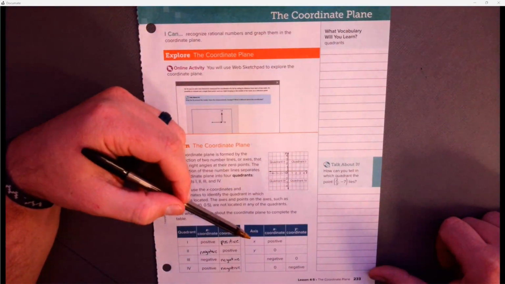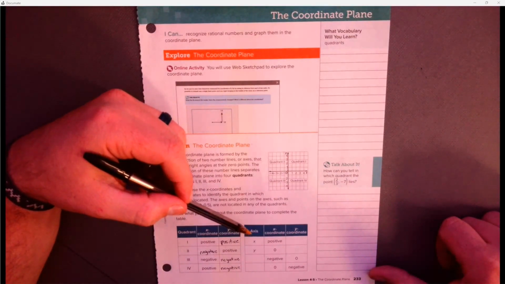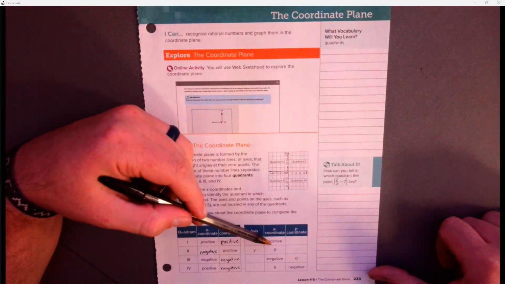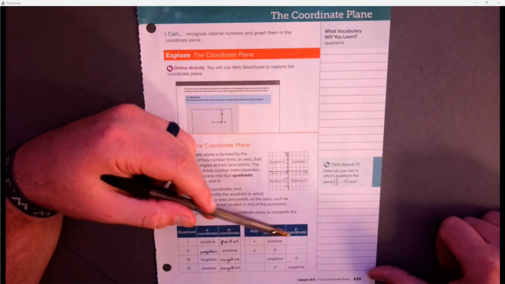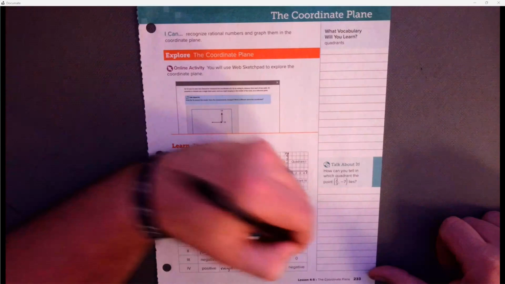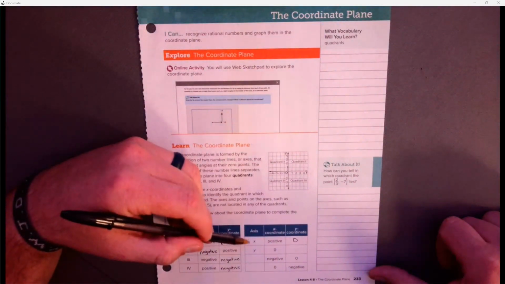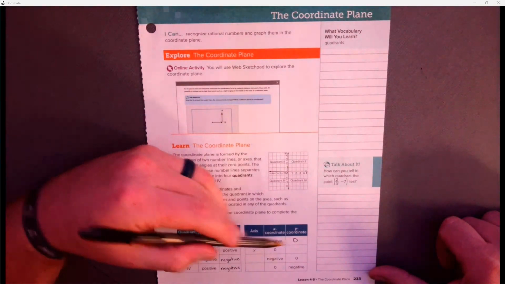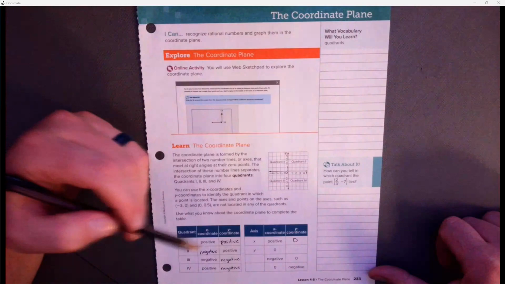Now on this table, it says the axis: the x coordinate is positive, the y coordinate will be 0. So if the point falls on the x-axis, the x coordinate will be positive, the y coordinate will be 0.